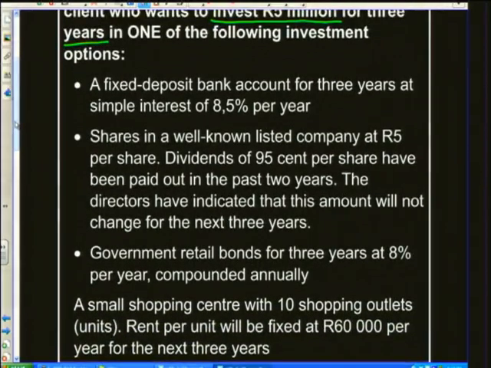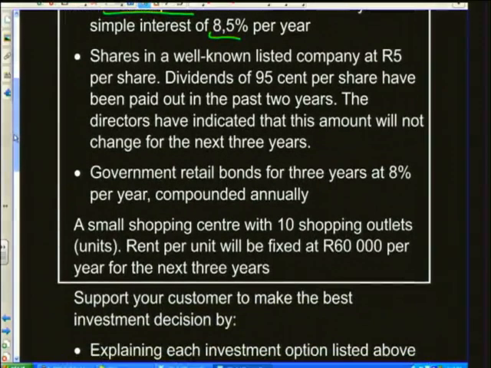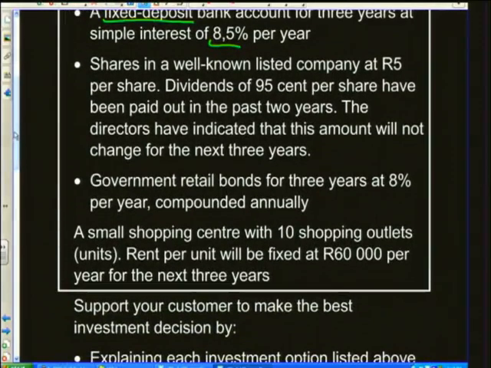Right, in one of the following investment options: we have a fixed deposit at a bank account for 3 years, and they'll give us simple interest of 8.5% per year. Then we have shares in a well-known listed company at 5 Rand per share. Dividends of 95 cents per share have been paid out in the past 2 years.